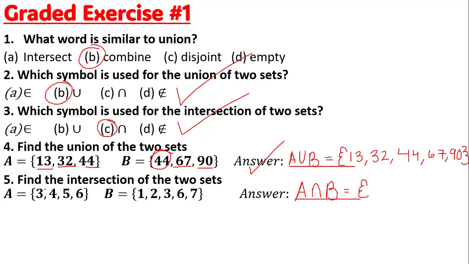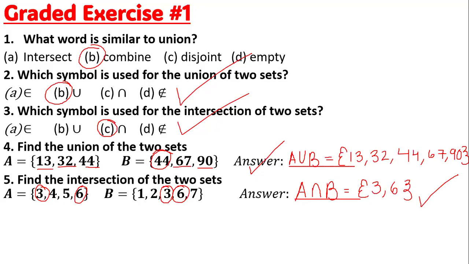So only 3 and 6. 3 is a part of A, and 3 is also a part of B, so we have to include that. 6 is a part of A, and 6 is also a part of B. So we include both of them. So 3, 6. Does that make sense to you? Yes, sir. Good.